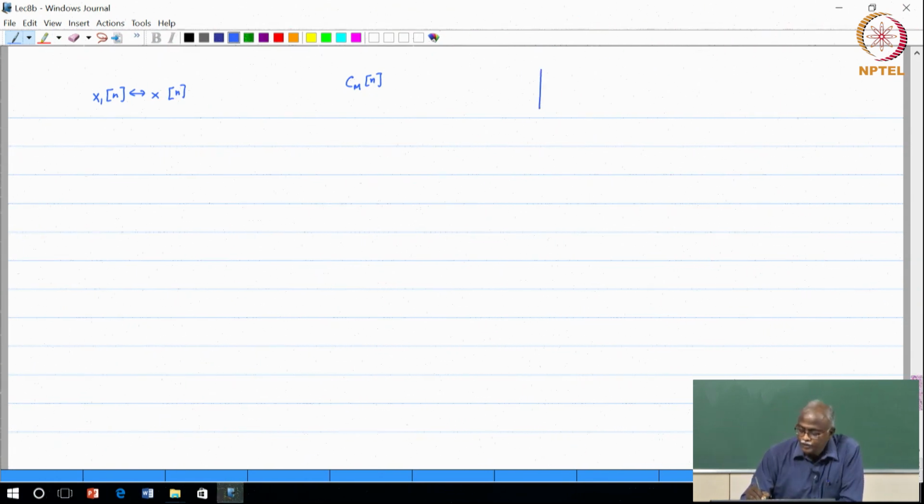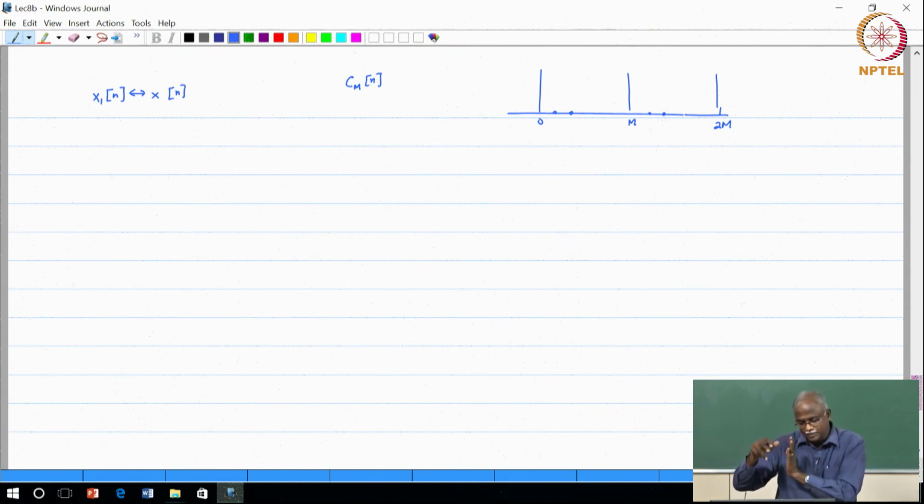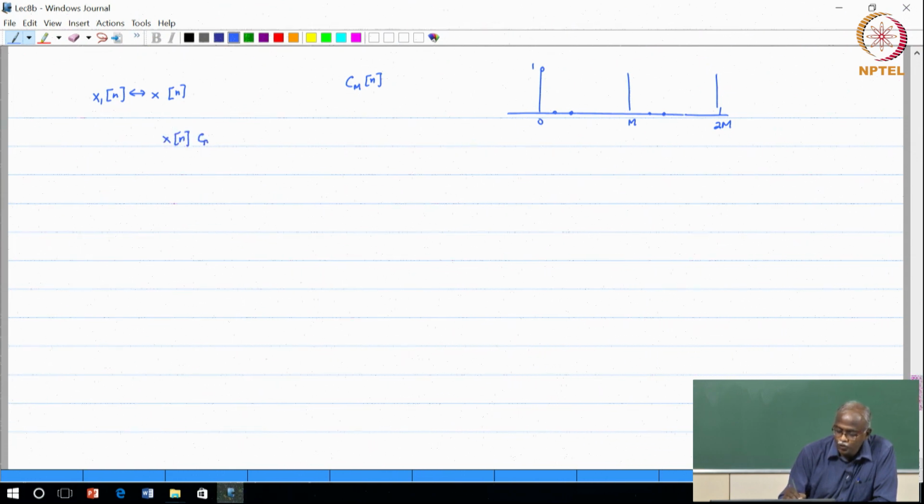The comb sequence has lots of zero valued samples, then at index M there is a 1, then some zero valued samples, then at 2M it has a 1 again. So these are samples of height equal to 1. If I multiply x[n] with this comb sequence, then I will get x1[n].